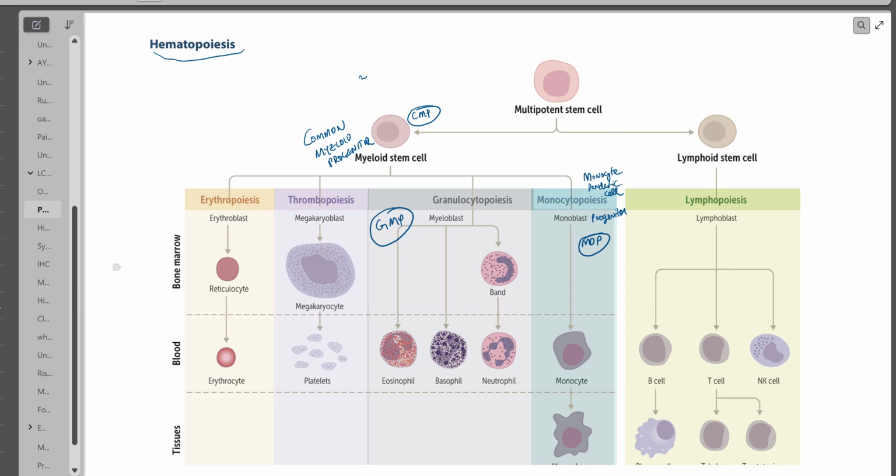Hematopoiesis is when you have a multipotent stem cell which becomes a myeloid stem cell. Now, the myeloid stem cell is also called a CMP, common myeloid progenitor, or the lymphoid stem cell. And then the lymphoid stem cell will form the lymphoblast.